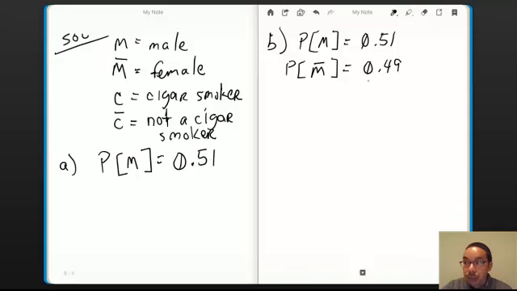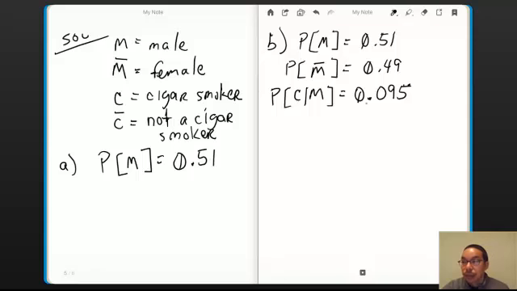And this is because 49% of the adults are females, not males. And then we can say this, the probability of a cigar smoker given M for males is 0.095.